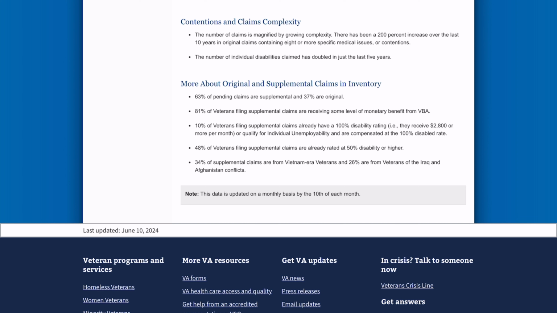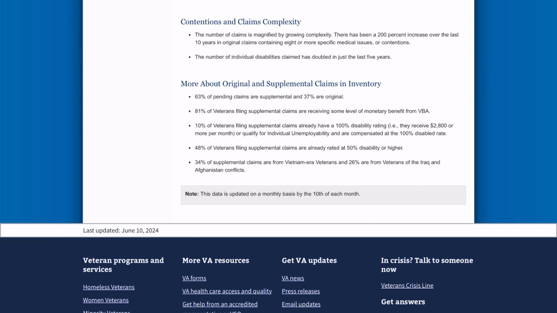81% of veterans filing supplemental claims are receiving some level of monetary benefit from VBA. That only half makes sense to me. So you may be thinking, well, if you're service connected for a disability and you're filing a supplemental, shouldn't that be 100%? Not necessarily.